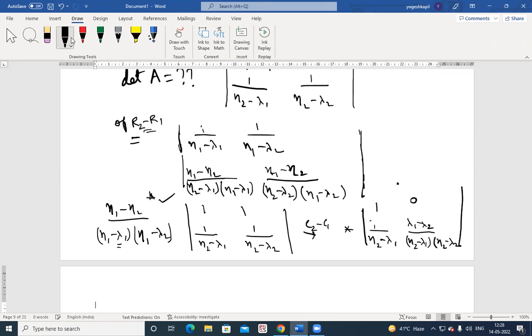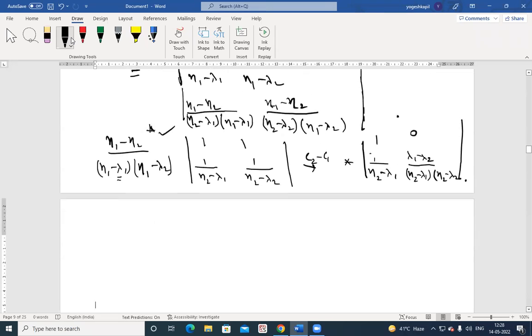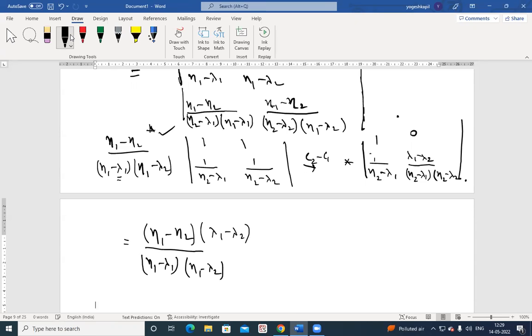Is it so? Yes, sir. Finally, the determinant would be eta 1 minus eta 2 into lambda 1 minus lambda 2, divided by eta 1 minus lambda 1, eta 1 minus lambda 2, and also eta 2 minus lambda 1 and eta 2 minus lambda 2.